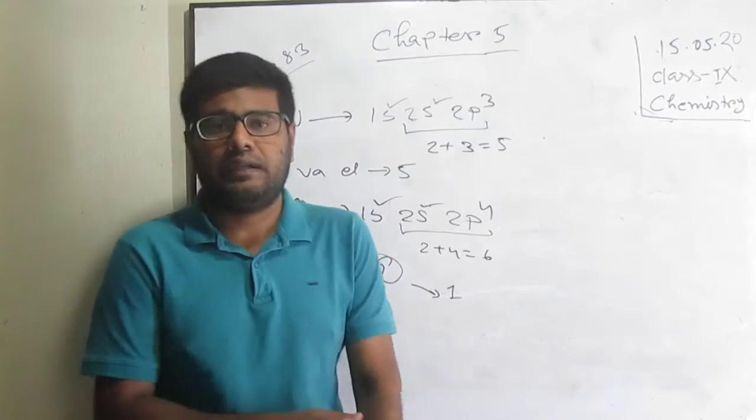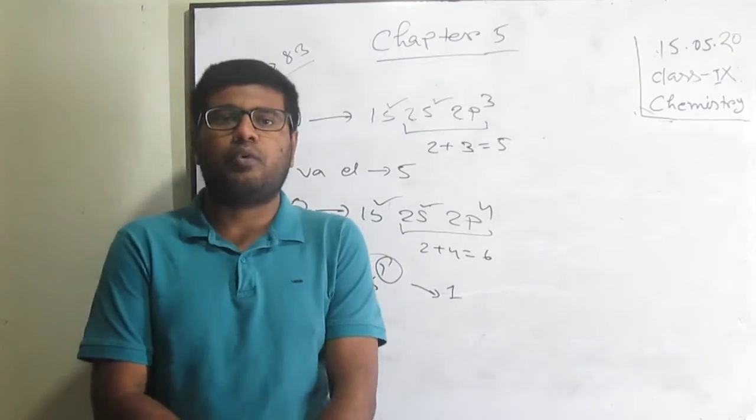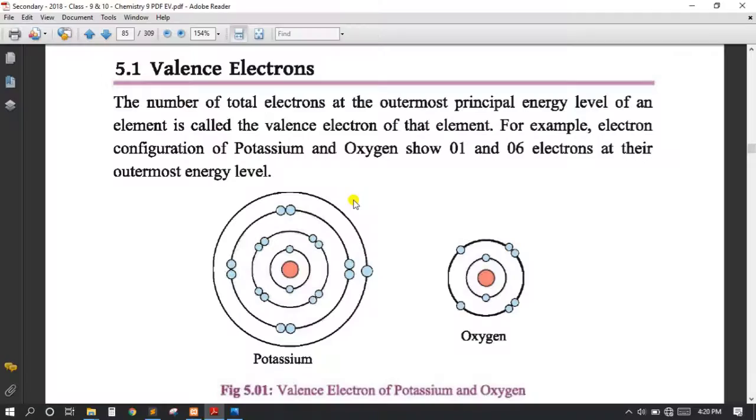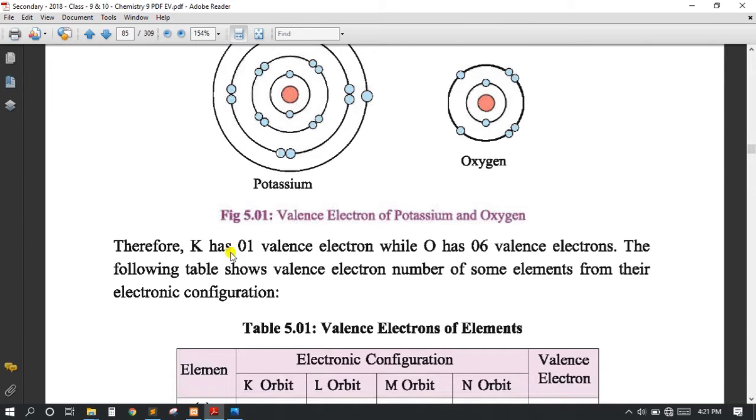Now I will explain this topic according to our book first. The number of total electrons at the outermost principal energy level, that means the outermost shell of an element, is called the valence electron of that element. For example, the electronic configurations of potassium and oxygen show 1 and 6 electrons at their outermost energy level.